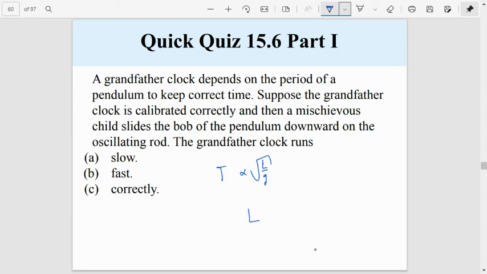So basically, the length of the pendulum has increased, and because there's a proportion between the period and the length, then the period also increases. And if that is true, then a longer period means that the bob of the pendulum takes longer to make a full cycle. Then the grandfather clock will run slowly as it takes longer to tick.